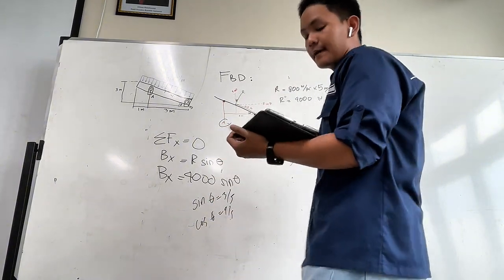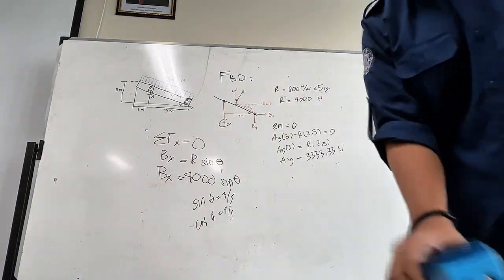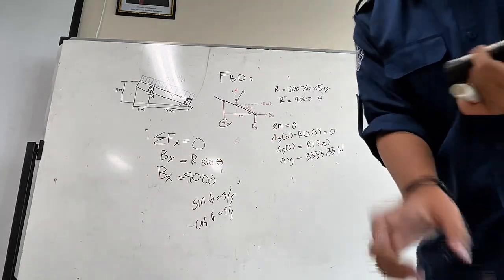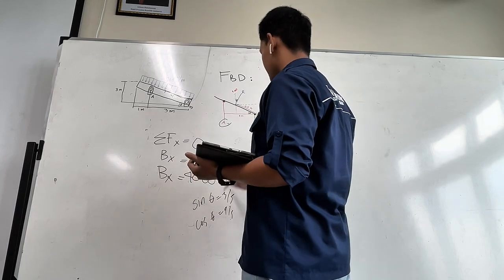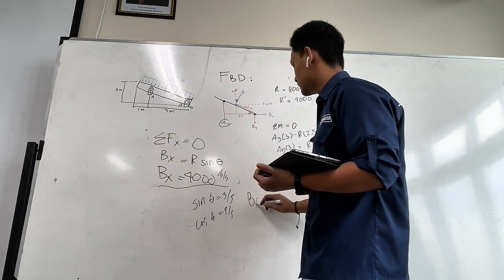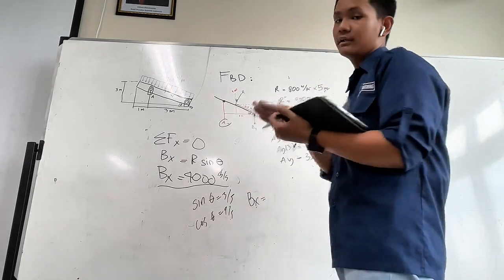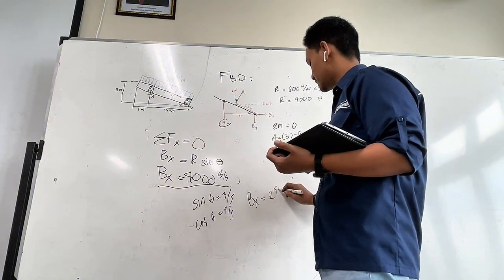We can insert these values into this equation, where sinus of theta is 3 divided by 5. From this equation, we find that Bx, or the force resultant of B on the axis of x, is equal to 2,400 newtons.